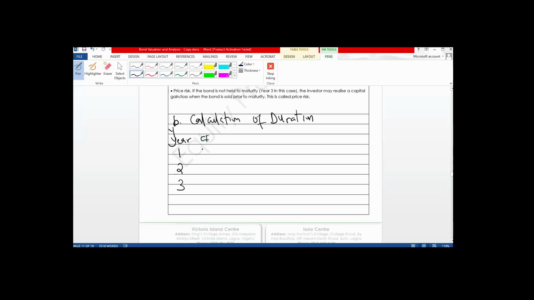Cash flow in year 1, 75 naira. Year 2, 75. Year 3, 1075. Please, if you are calculating duration, year 0 is not relevant because that is the year we are going to place the investment. Duration is the number of years it will take the investor to recoup the amount invested.